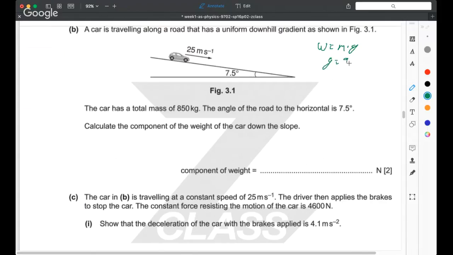Gravity is 9.81, so 9.81 times 850 times sine 7.5. Is it the f of y or the f of x? It's the weight component.